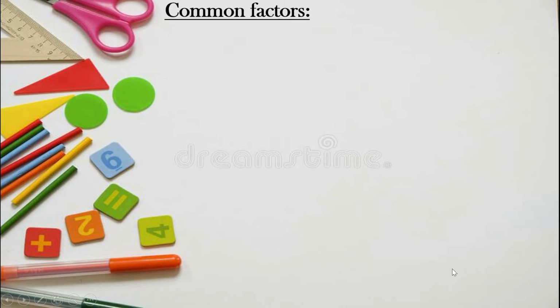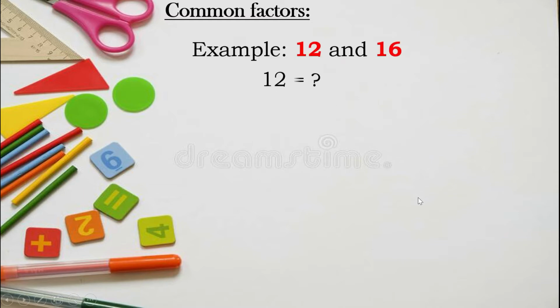Okay? So let us have the example of a common factors. Let's say we have 12 and 16. Let us find first the factors of 12. You are going to think two numbers that when you multiply, the answer is 12.